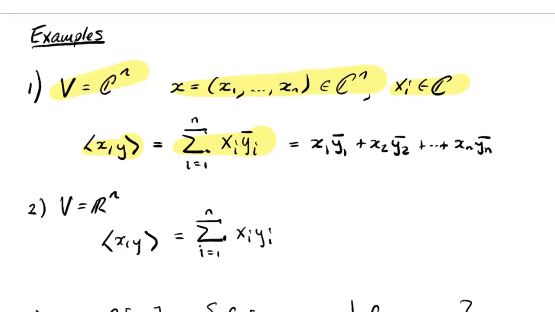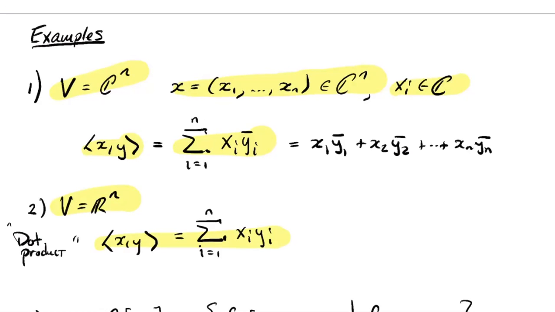If V is Rn, it's the same definition really, but if y is a real number, then yi bar is yi. So if the field is the real numbers, then that inner product is just xi times yi summed. That's the dot product from calculus. So the dot product is an example of an inner product.